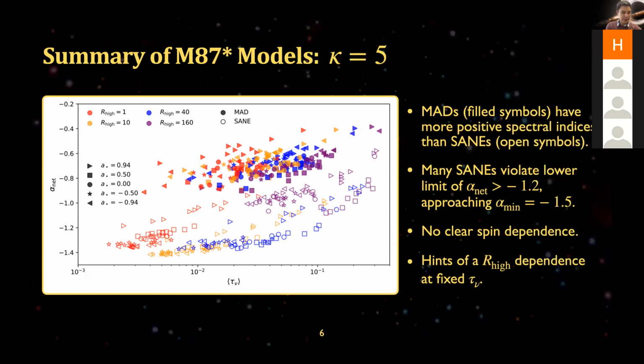Different spins are different symbols, and you're not going to see a trend here. But you will see a trend between the closed symbols and the open symbols. That is MADs versus SANEs, where the MADs tend to have a much more positive spectral index for a fixed optical depth than the SANEs do, telling you that optical depth is not the only thing that matters here.